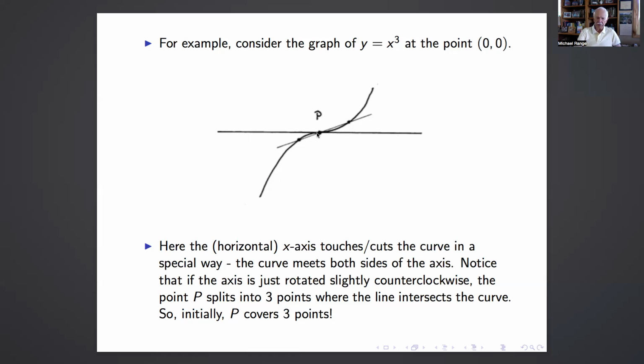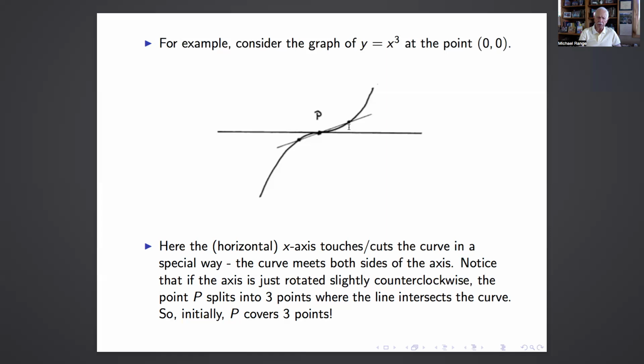Notice that if the x-axis is just rotated slightly counterclockwise, so we get this kind of position, the point P that we have when the axis is just horizontal suddenly splits up into 3 distinct points where the line intersects the curve: 1, 2, and 3.